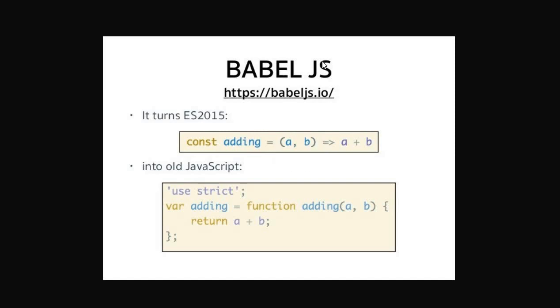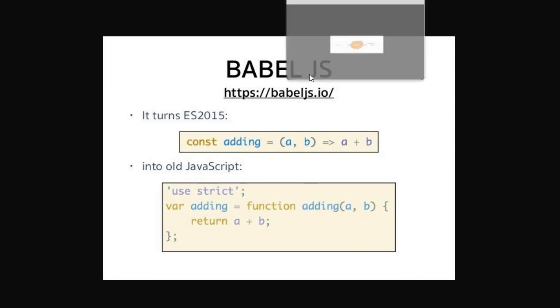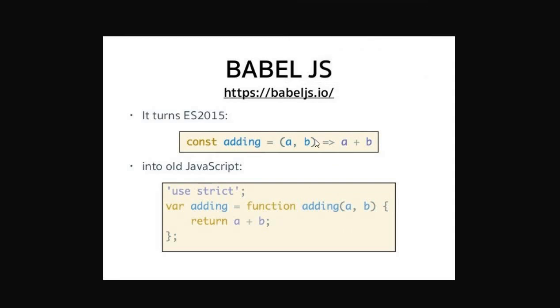So what a transpiler like Babel.js does is it takes this arrow function and it converts it into the old function that we all know and love. It takes the new version of JavaScript and just turns it into the old standard. So these are some of the principles that you are going to need to know before you jump into React.